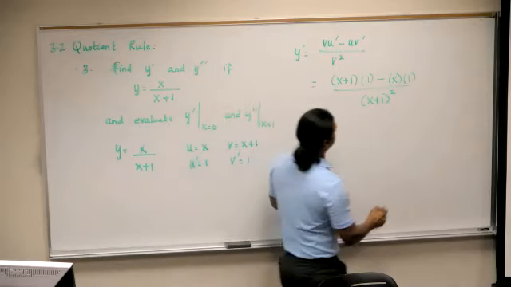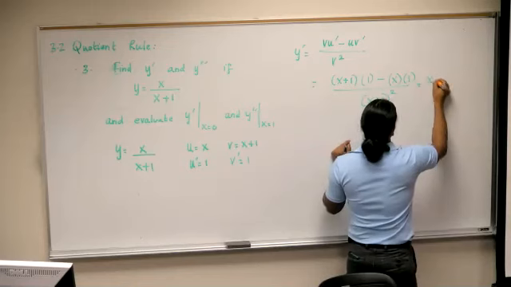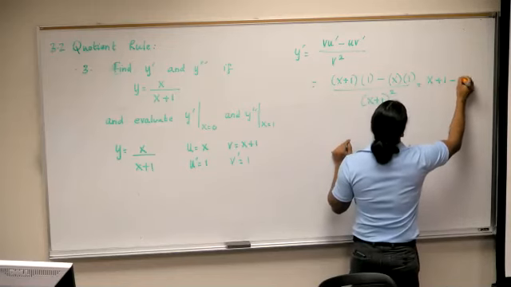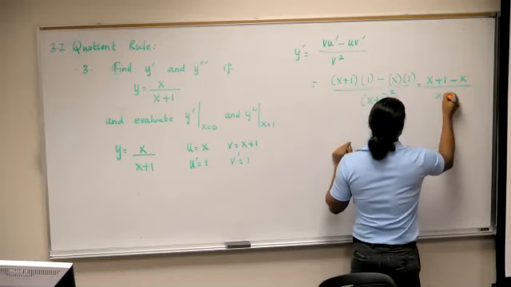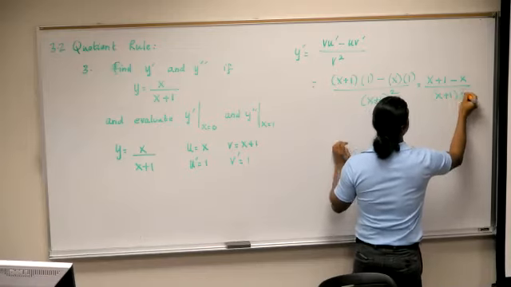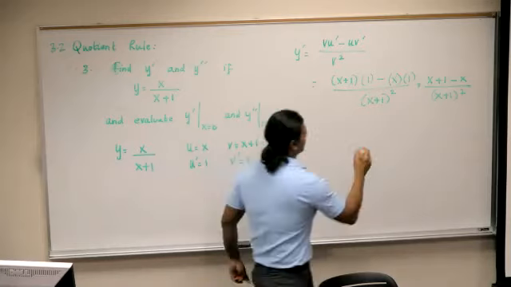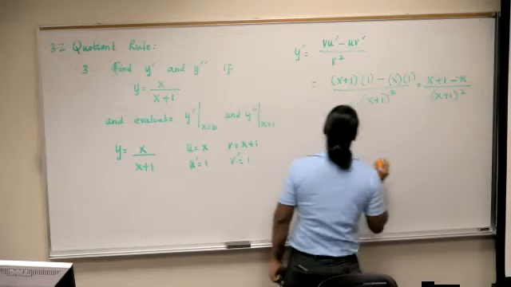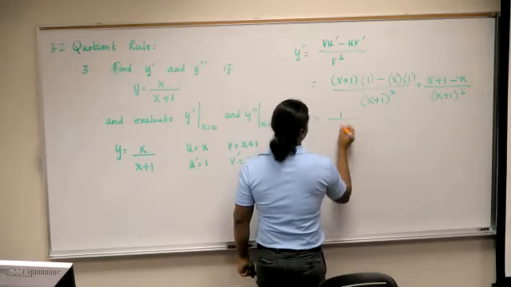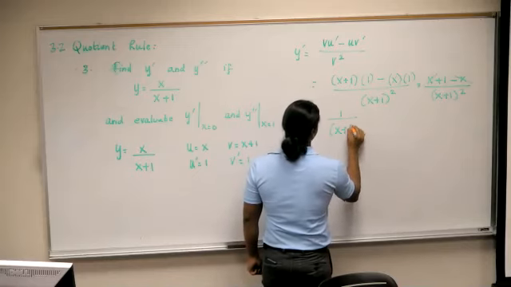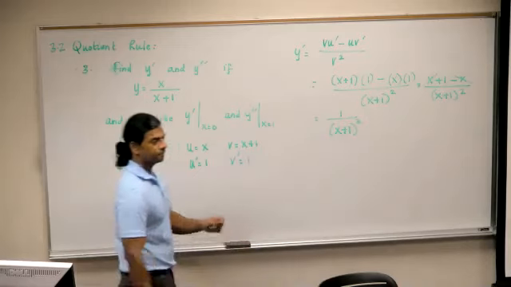So you will have x plus 1 minus x over x plus 1 squared. The x and the negative x will get cancelled. So the answer is 1 over x plus 1 squared. Good.